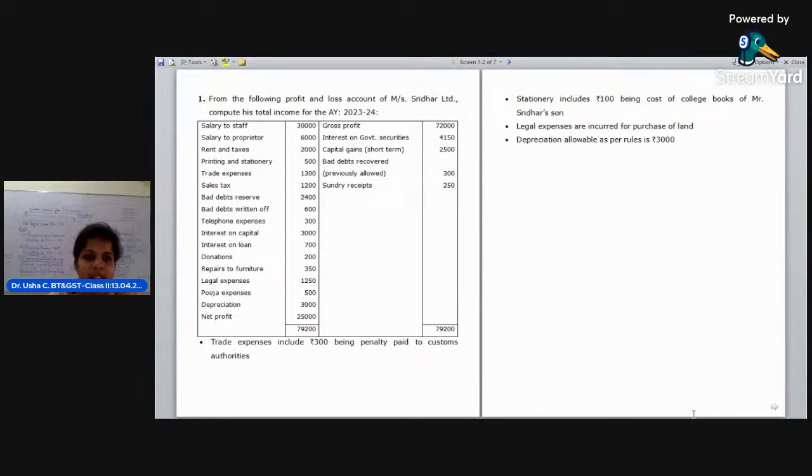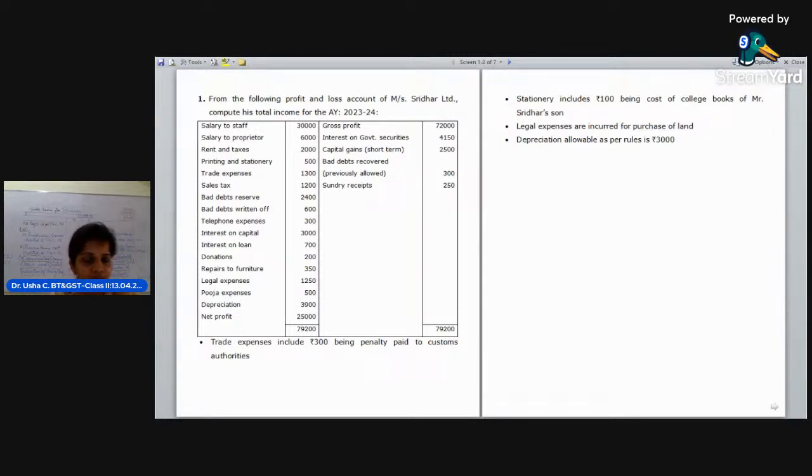Next thing is interest on government security. Any interest on government securities comes under income from other sources. This interest on government securities is taxable under income from other sources. Hence, it is considered as non-business income here.